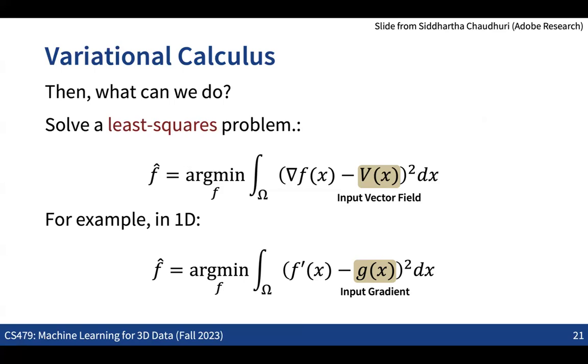Then the question is how we are going to solve this least squares problem in the continuous setup. How can I solve this? There can be multiple ways of interpreting the solution and approaching this optimization problem. One way to consider is the Euler-Lagrange formulation, which we will quickly see.